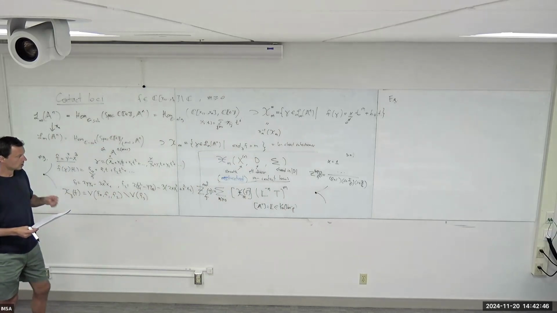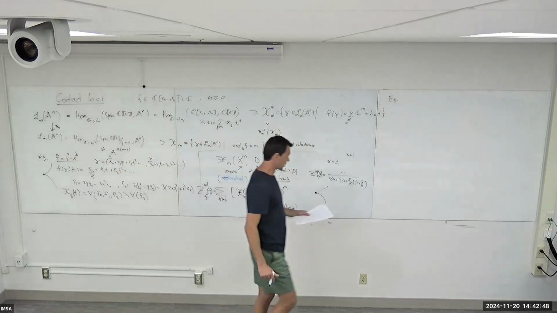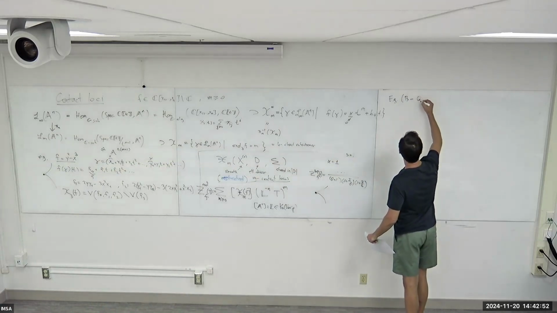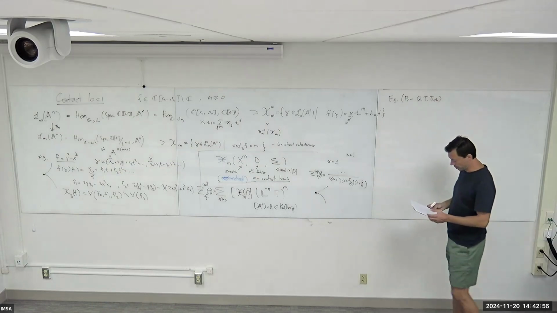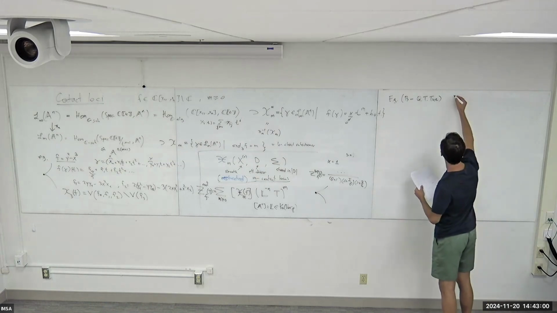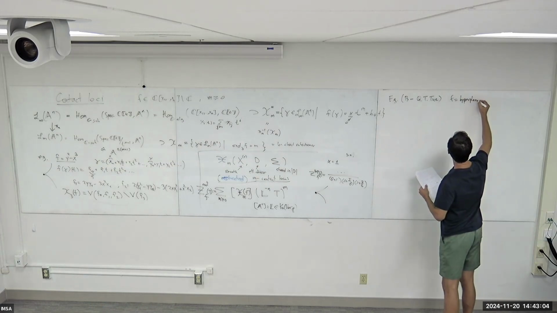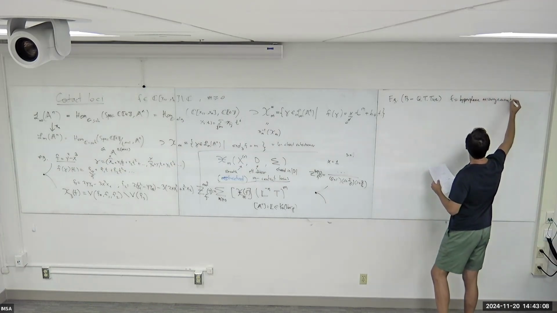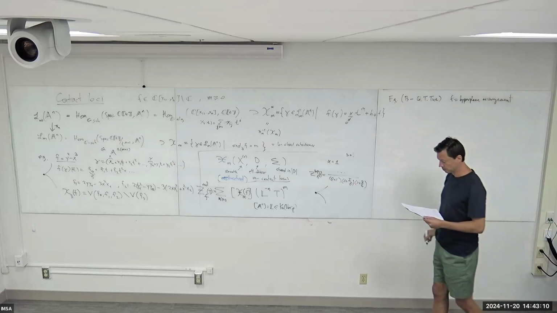Okay. Let me say something for a particular class of examples. This is like the ideal theorem, but it will never hold in general. This is for hyperplane arrangements, so products of linear polynomials.